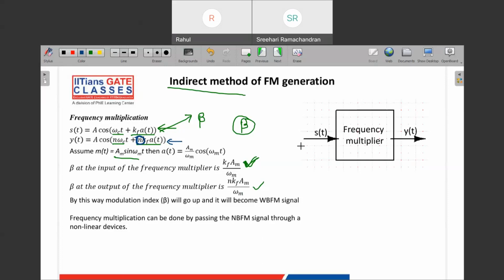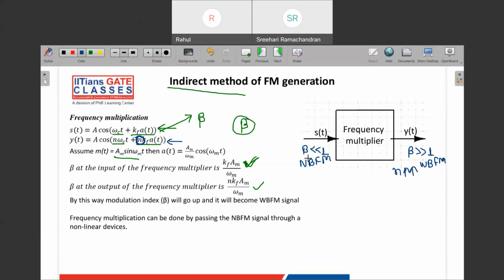So when you pass any signal through this frequency multiplier, the output modulation index will be higher than the input if n is higher. If n is very high, then even if beta is much less than 1 at the input, at the output it can be much greater than 1. So in this case it was narrowband FM, but now it becomes wideband FM, or simply the FM signal. This is what we call the indirect method.